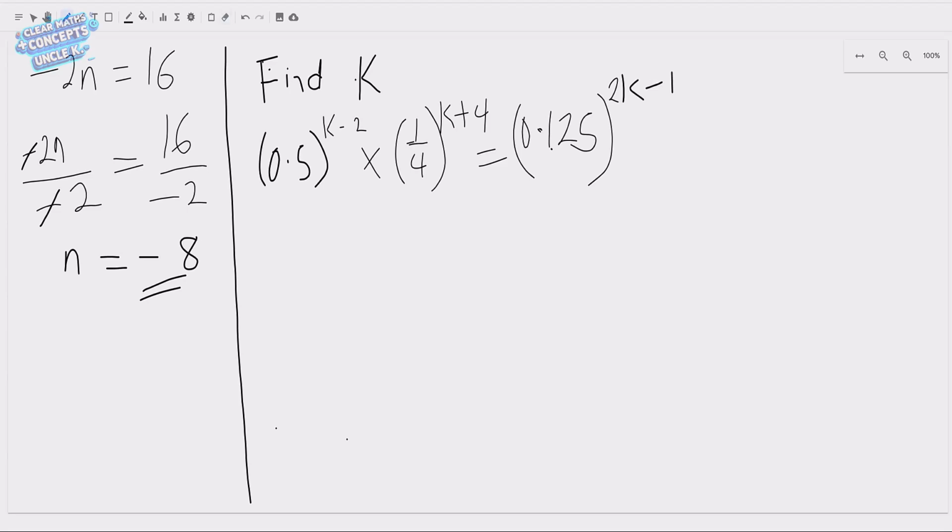When you see decimal, change it to fraction. So this will be 5 over 10. I believe you should know how I got that by now.